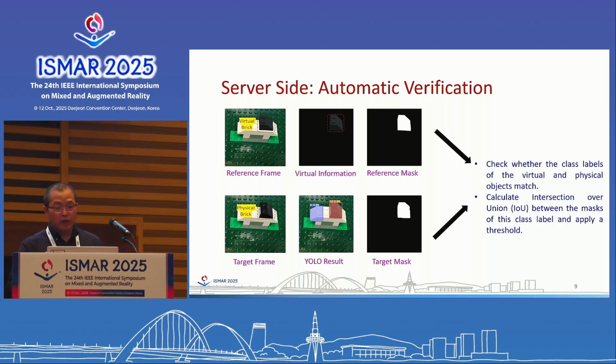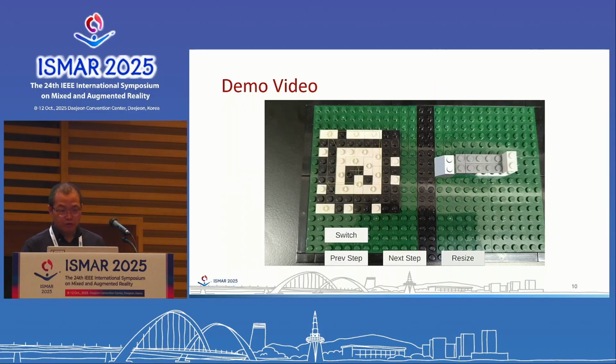And then we check whether the classes of the virtual and physical piece exactly match. If they match, we calculate the intersection over union between the masks of the class labeled and apply an appropriate threshold.